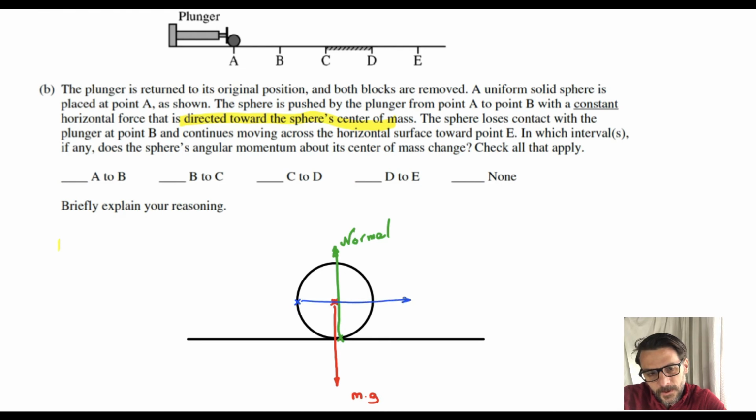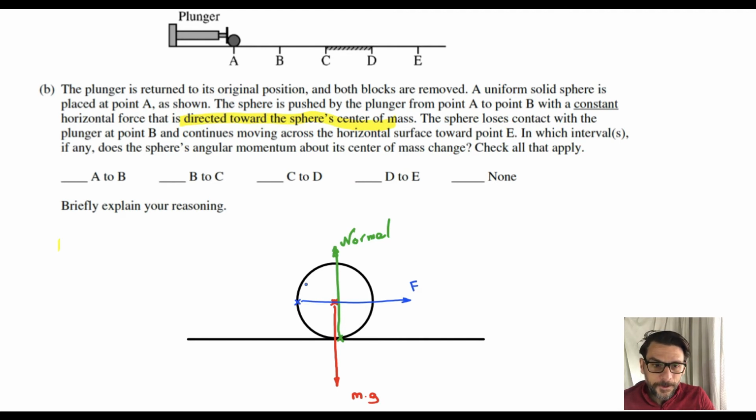Now, as you can hopefully see, those three forces that were represented up to this point are three forces acting in different directions, but all of those forces are acting along a line that passes through the center of mass of the object. So those forces are not exerting torque on the object.